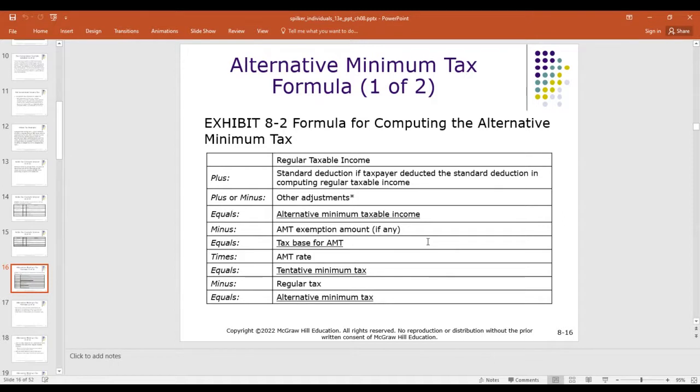Okay, and just so we know, for alternative minimum tax purposes, we are still allowed those preferential rates on our qualified dividends and long-term gains. So you need to factor that into the equation as well. Once we calculate that, that is what we call our tentative minimum tax. So if our regular tax is more than that, we just pay our regular tax. But if the tentative minimum tax is greater than our regular tax, then we have to pay the additional amount above our regular tax as what we call alternative minimum tax.